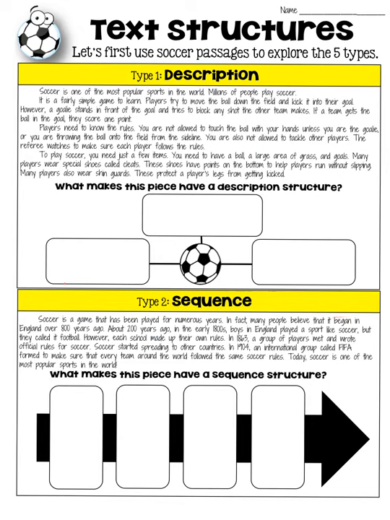So the text structure of description gives lots of details about the subject. And this piece has a description structure because it tells us lots of different details about soccer. In the first paragraph, it tells us how to play.